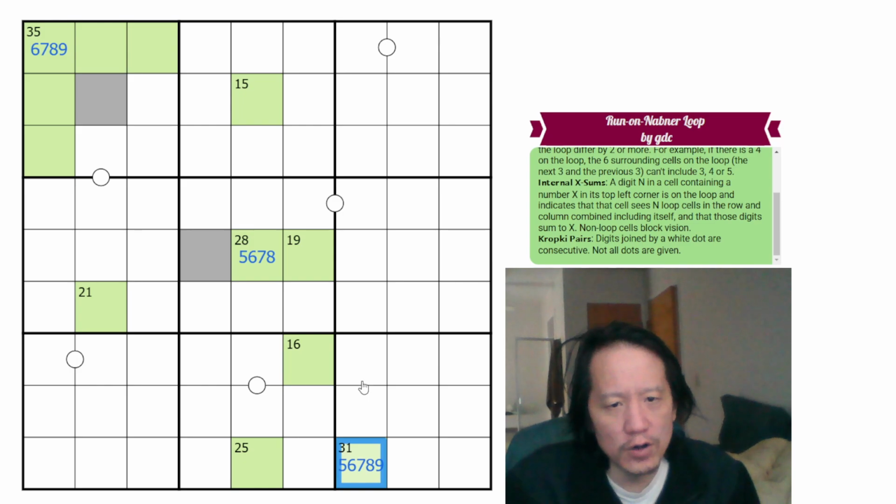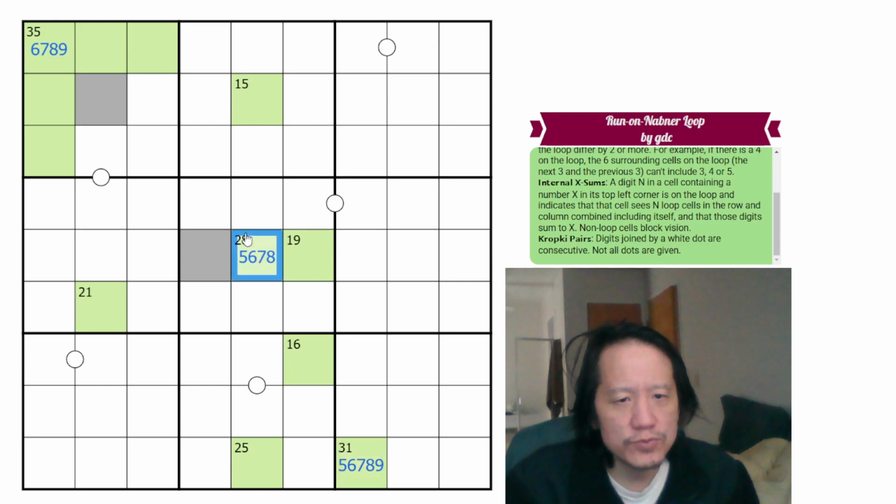So if you have 4, the problem is you can't have repeats within that 4, because those are 3 apart from each other. Right? 1, 2, 3. But it could be 5 still. 28: you cannot have 4, 7, 8, and 9.